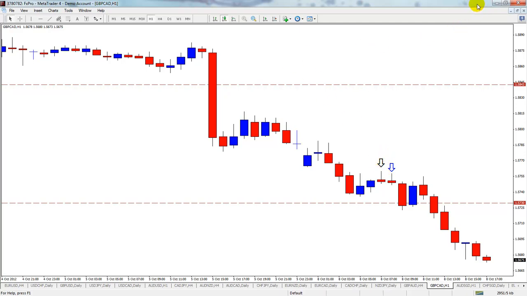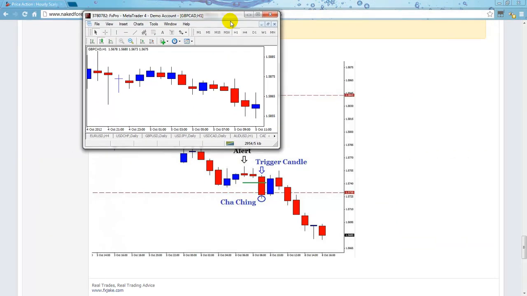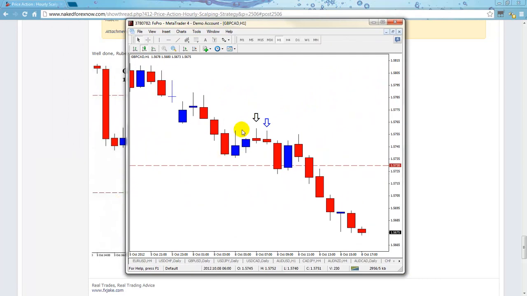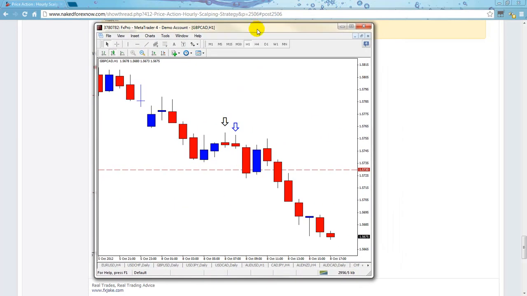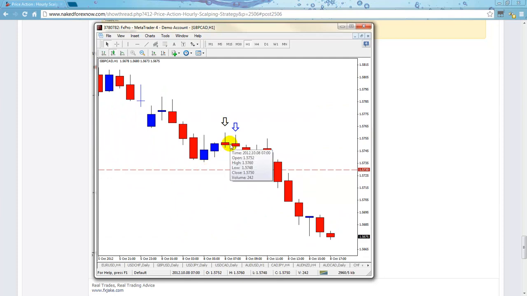I'm trying to make it a little easier to see here. What this one with the black arrow suggests is that the market's going to turn around, even if just briefly. So I ask, what's the closing price of this candle?